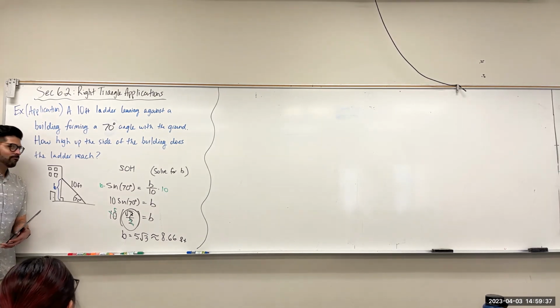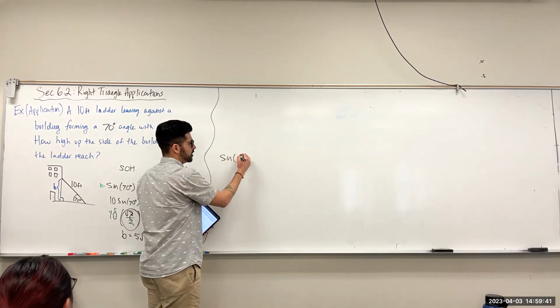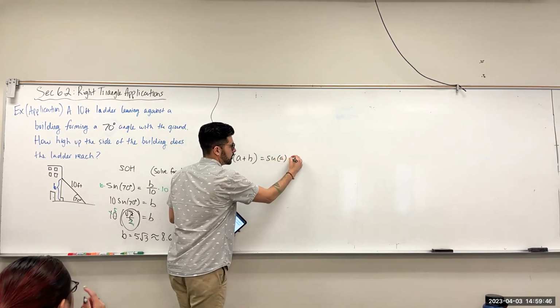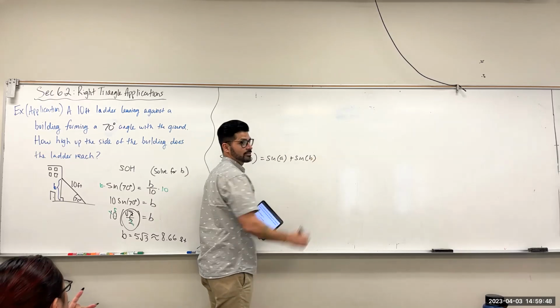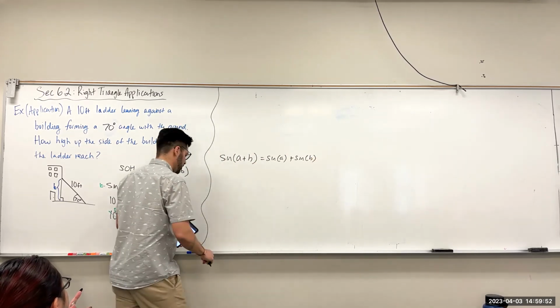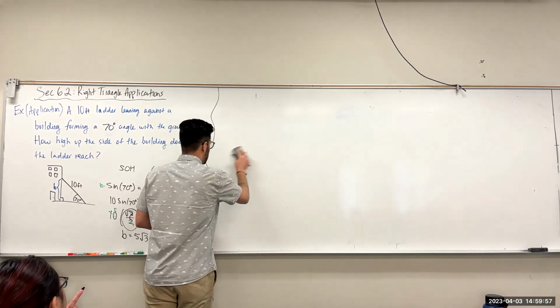Can we do that? You can't just separate it into things like that. It would take a big old identity for that. It's not that simple, we can't do that.